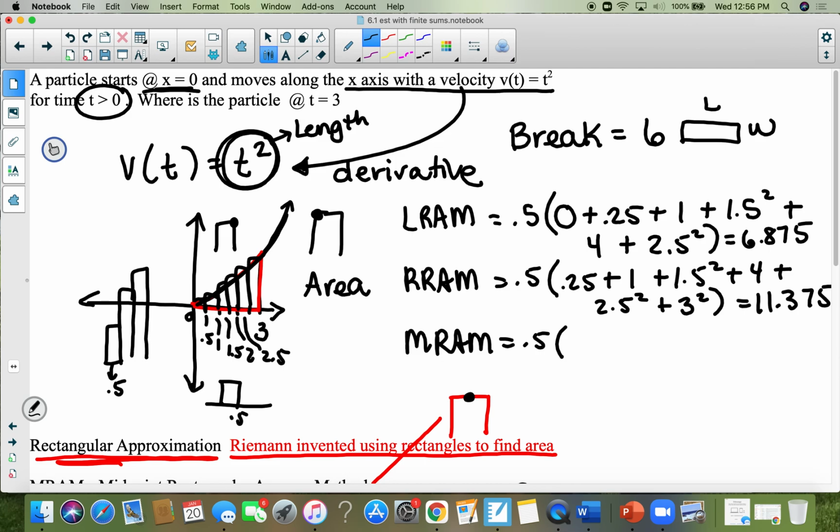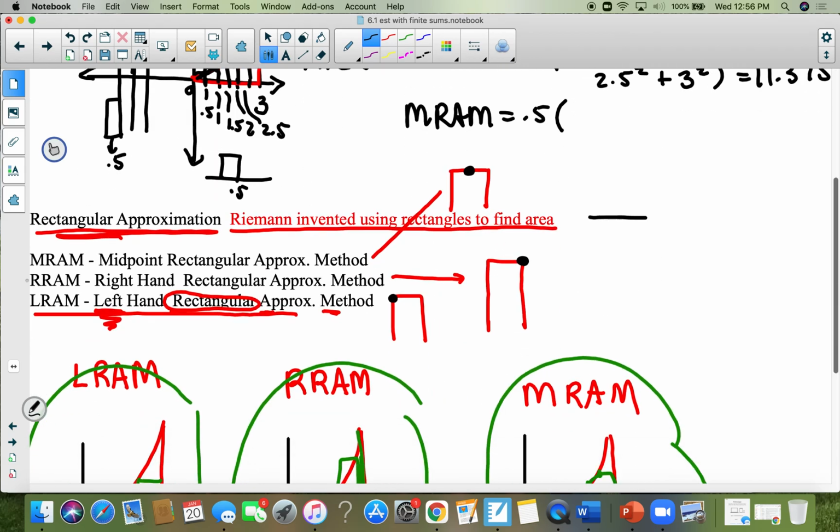And then the last one is the midpoints. So what I need to do is make myself a chart to do my midpoints. I know from 0 to 0.5, 0.5 to 1, 1 to 1.5, 1.5 to 2, 2.5 to 3.